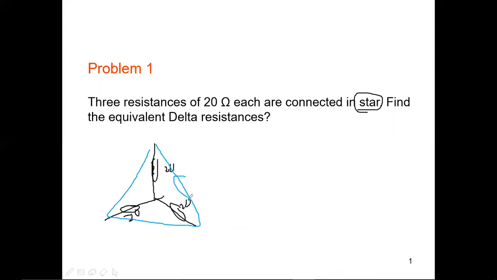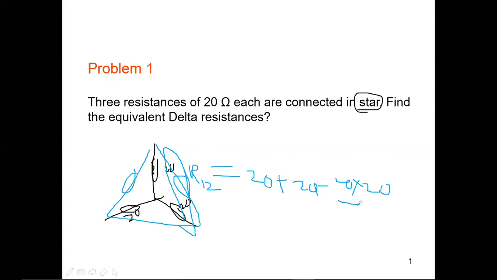This value of the resistance is the product of these two by the sum of these three. Sorry, R12 is nothing but the sum of these two, 20 plus 20, plus 20 into 20 by 20.